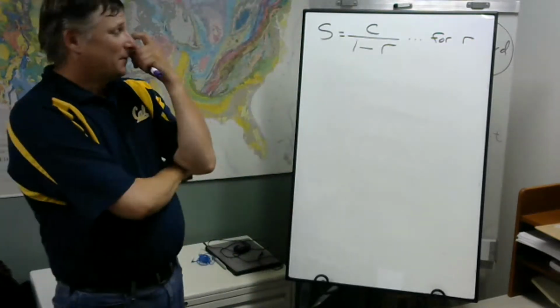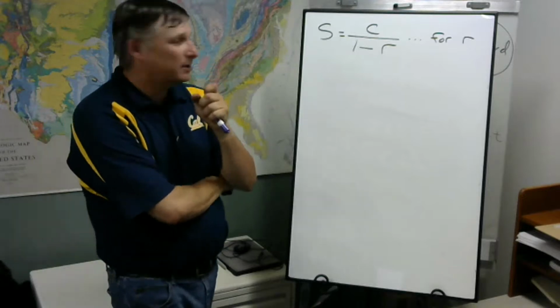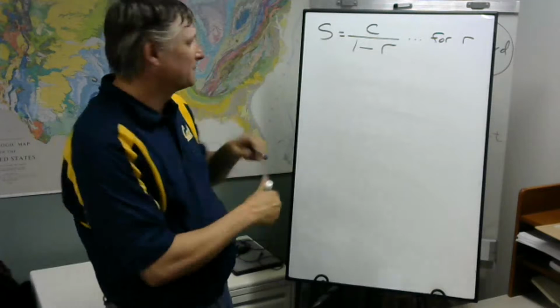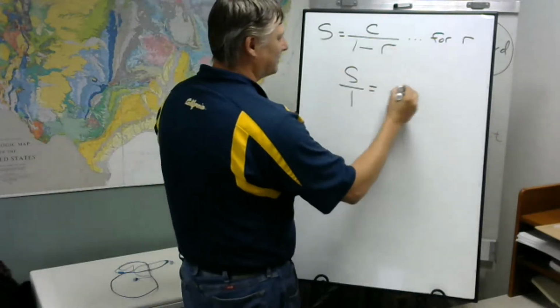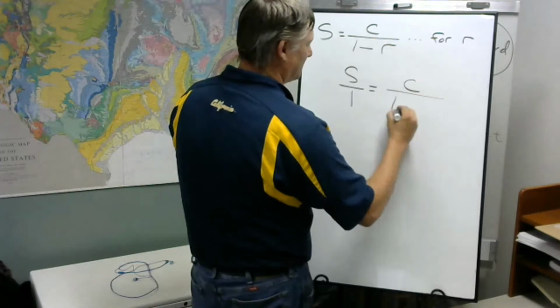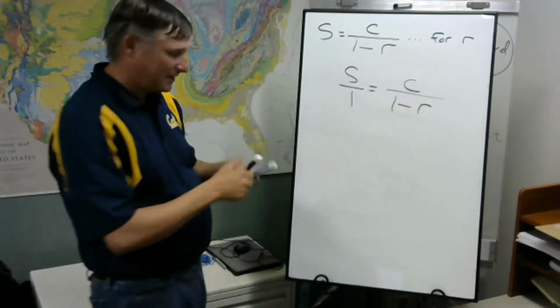So let's say you have this. I want to solve for R. Now there's a trick here we can use. It's called cross multiplication. We can rewrite this as S over 1 equals C over 1 minus R. And cross multiplication says this.